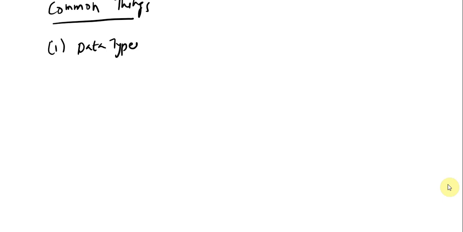Some of the common things which you are going to observe in programming languages like C++, Java, C Sharp, etc. are data types. Data types can be categorized into primitive data types. Generally we talk about the integer data type, the double data type, the float data type.